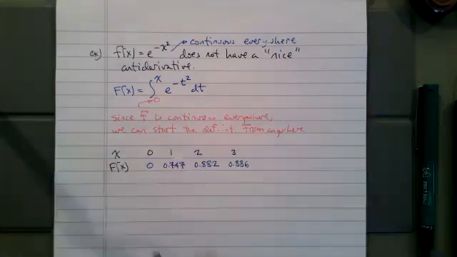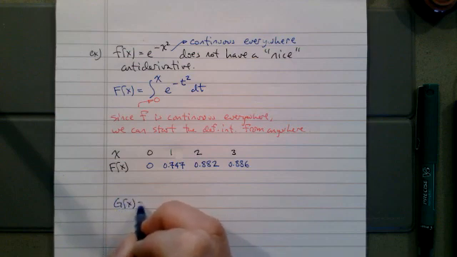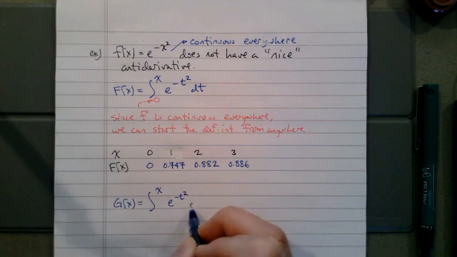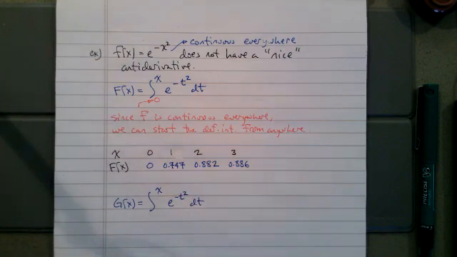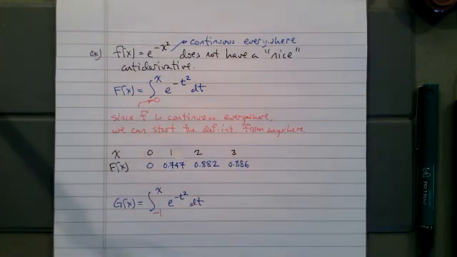So I can define another function, say g of x, to be the integral. Since we can start anywhere we want, maybe we need to start off at -1 for reasons.